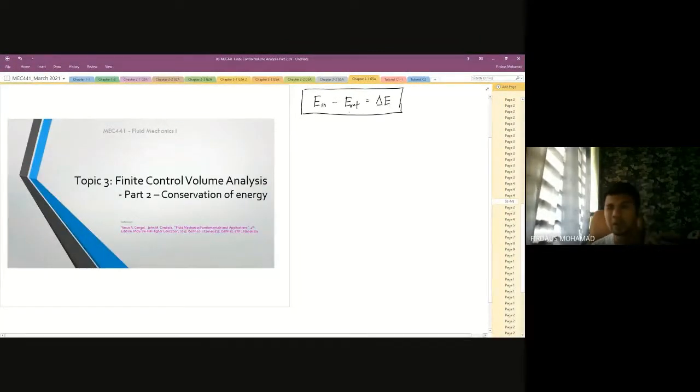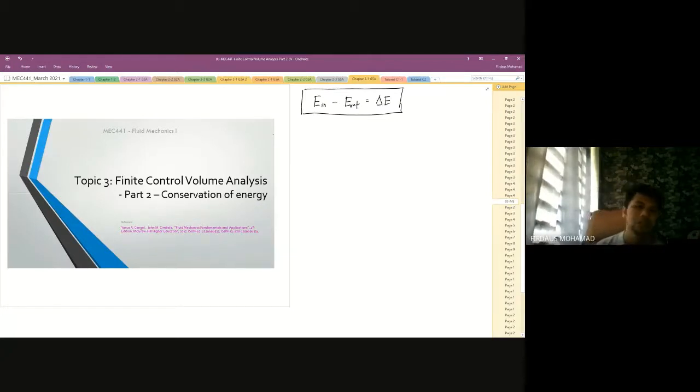Okay, so energy for the fluid flow: energy due to the pressure, energy due to the velocity, due to the movement, the dynamics of the fluid, and then energy due to the potential, which is due to the elevation difference. So this is all the energy that we need to consider.